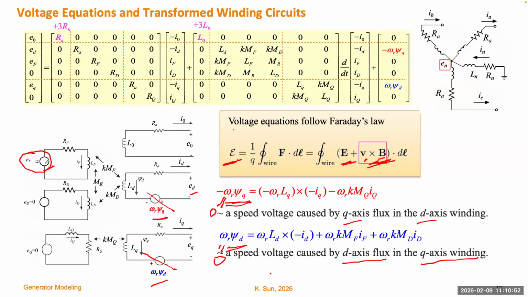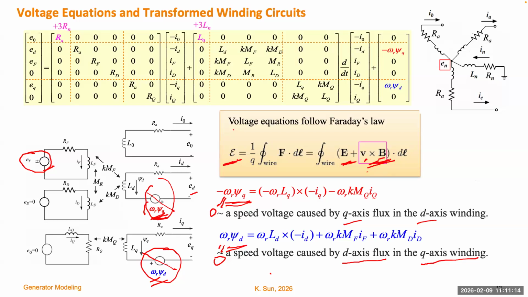The purpose is only to generate the magnetic field. But if the generator operates at a very high speed, like 60 hertz or 377 radian per second, even if the flux linkage is small, multiplied by the speed it can be very high. So basically, those two are mainly the true voltage sources of the generator.